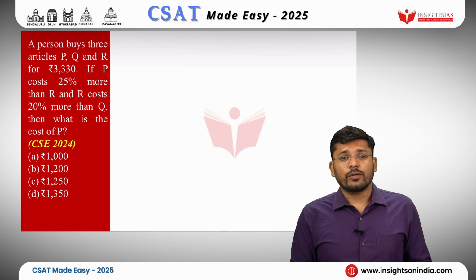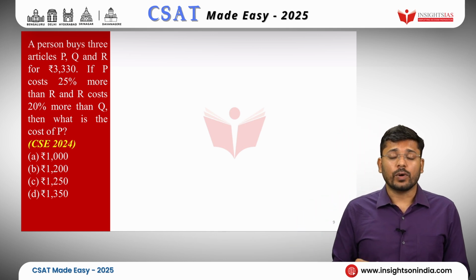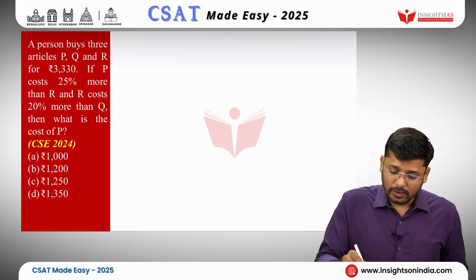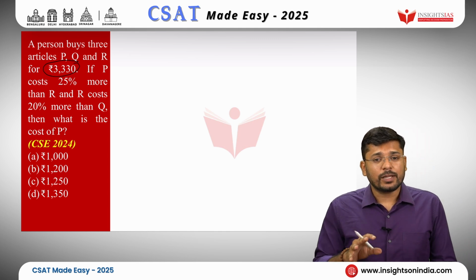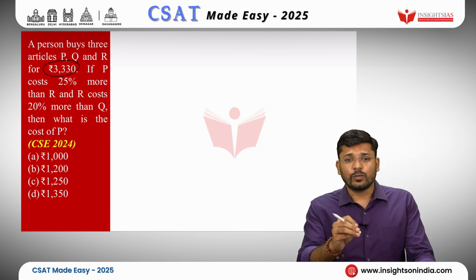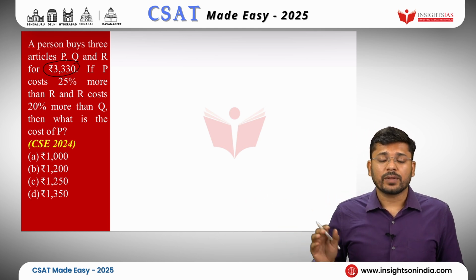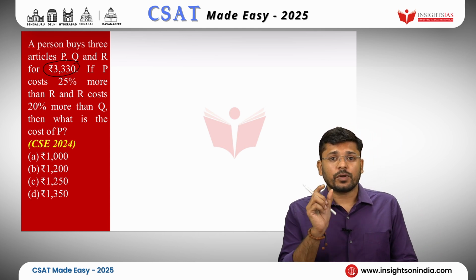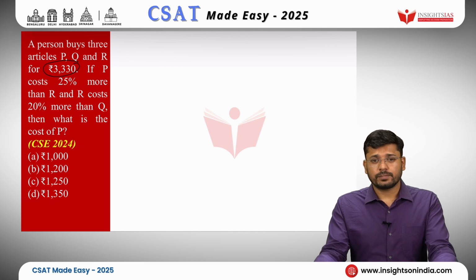Why we cannot assume the price of Q to be 100 rupees is that they've already given us the value of rupees 3330. Whenever in the problem they give you the exact value of something, we cannot assume rupees 100 to be the value of some other thing. So instead we will use the concept of coins. How do we use the concept of coins?